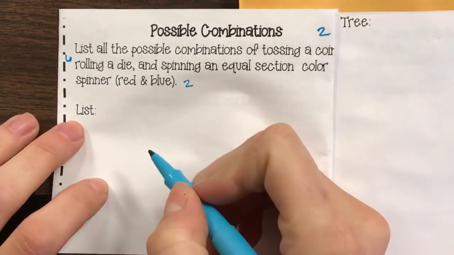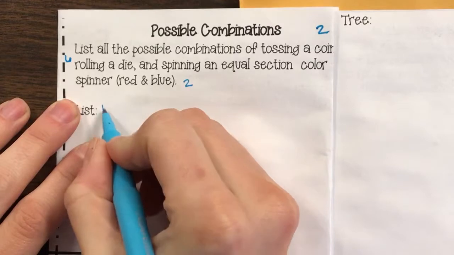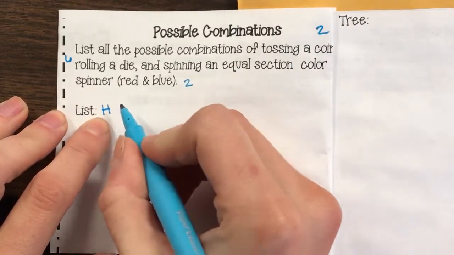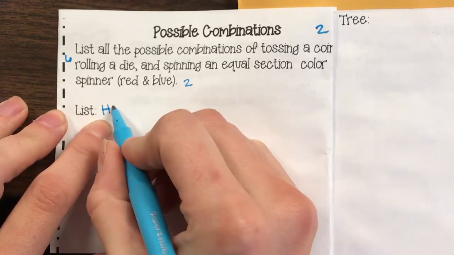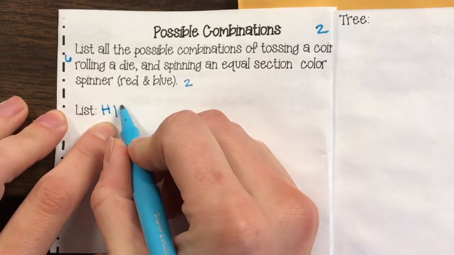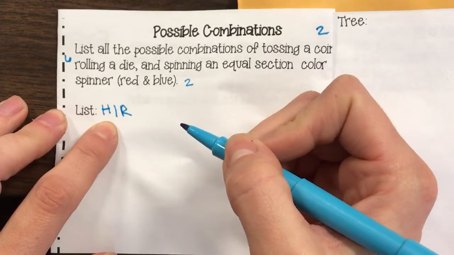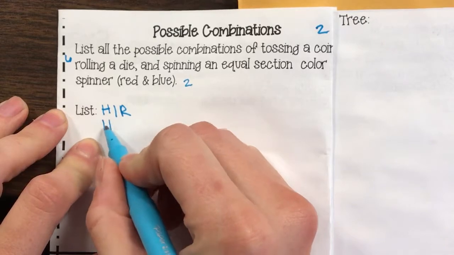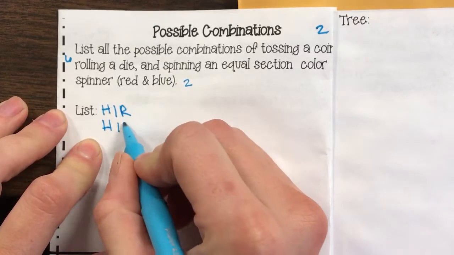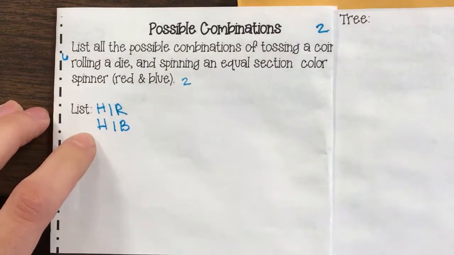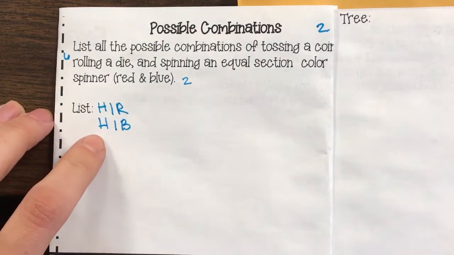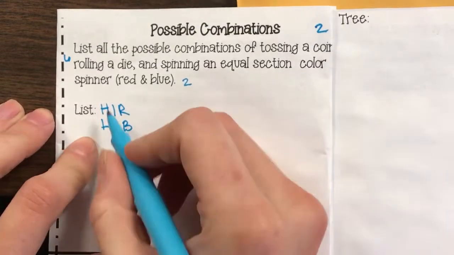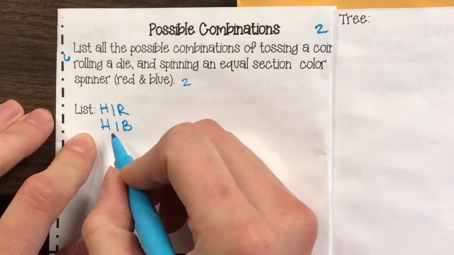We can start with heads. Say I land on heads, I land on a number 1, and I land on red. Then my second combination could be heads, 1, and blue, because I have to use all my possible combinations. Heads, 2 and red. But we want to use all the combinations for the coin too.